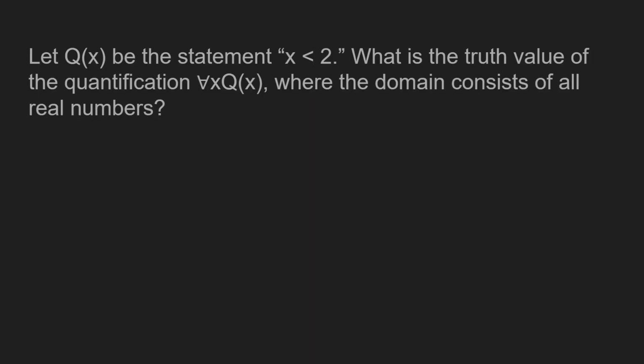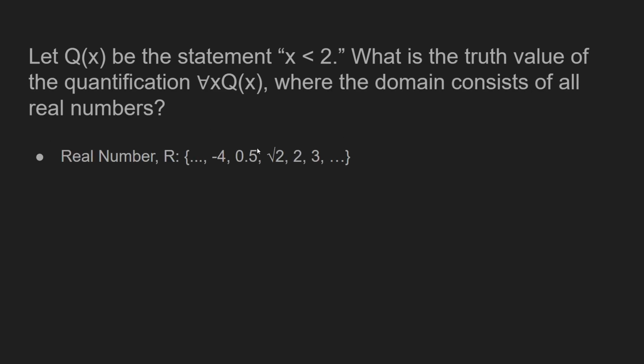Alright, let's see an example. Let q of x be the statement x is less than 2. What is the truth value of the quantification universal x, q of x, where the domain consists of all real numbers?